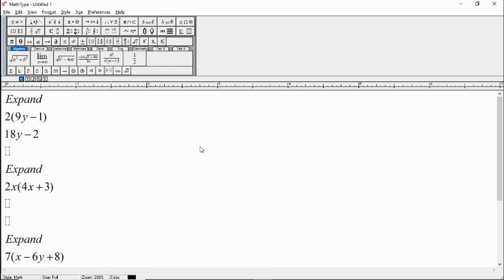As you can see, 2x is the same as 2x to the power of 1. Anything you see solely on its own without a number above is to the power of 1. 2x is equal to 2x to the power of 1, 4x is equal to 4x to the power of 1.